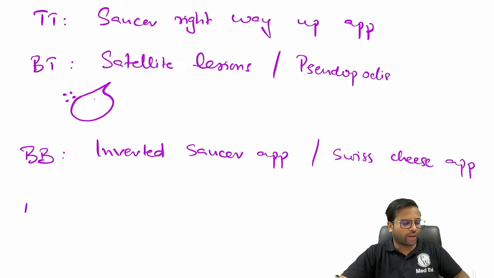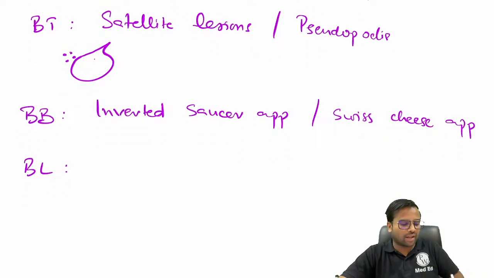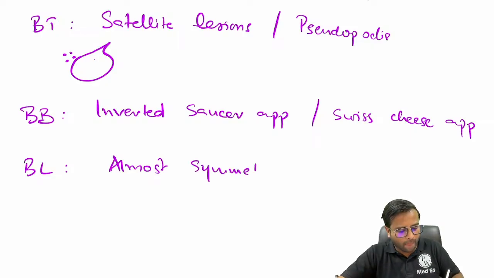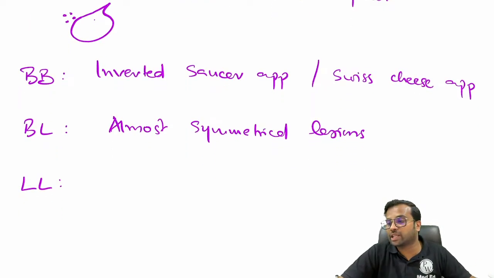Okay? Borderline lepromatous is less likely because it is non-specific. So the lesions, they start becoming symmetrical. So almost symmetrical lesions can be seen. But lepromatous leprosy is the one that has been asked maximum number of times.